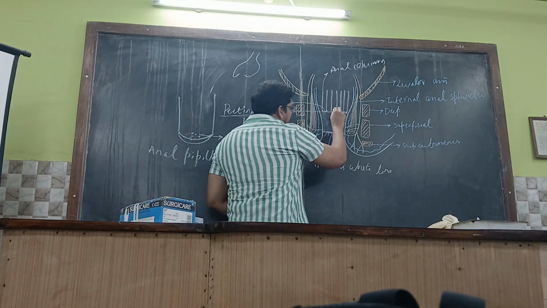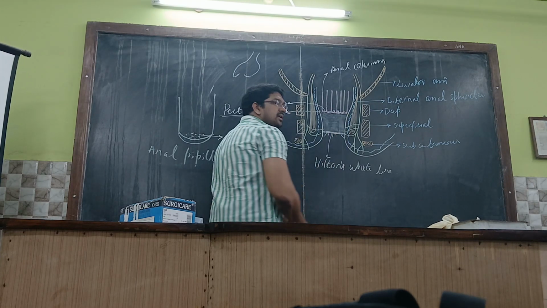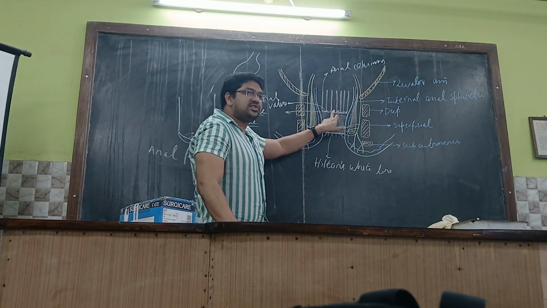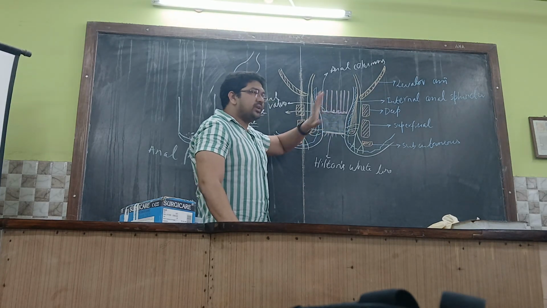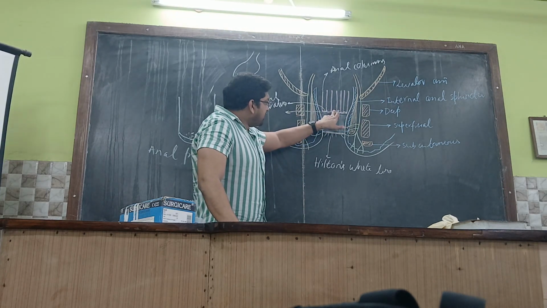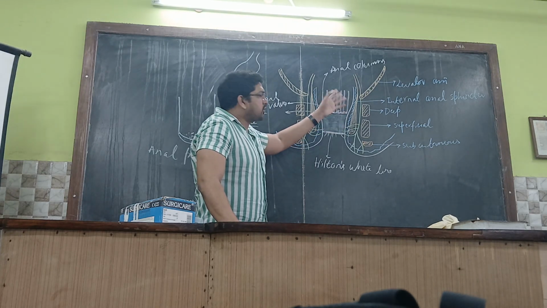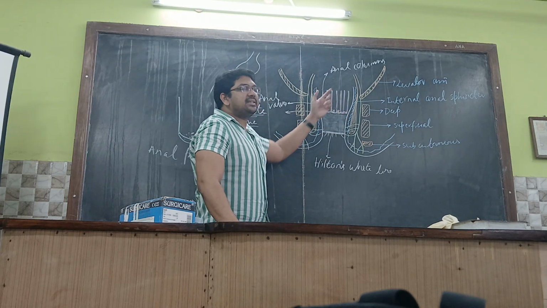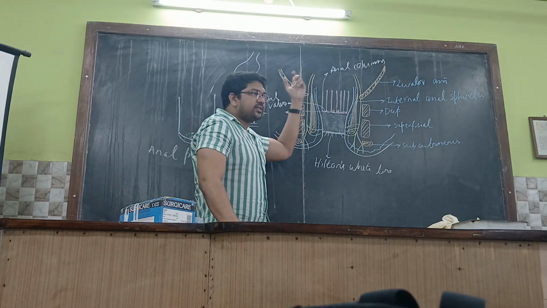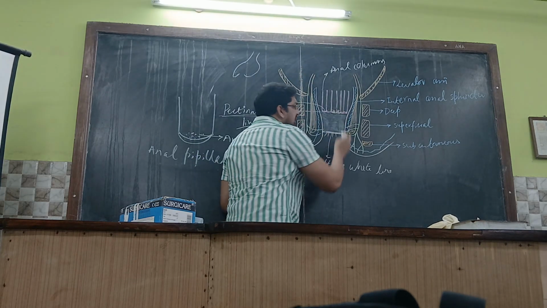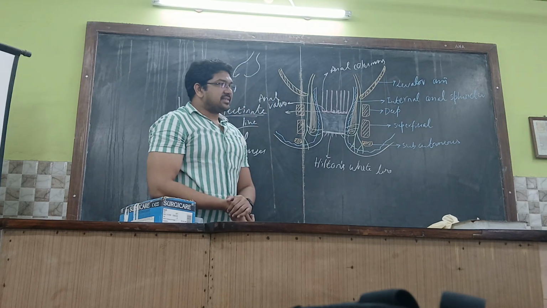So if the bone or any cellulose material is not digested completely, it can get stuck at this region. It may irritate the mucosa, leading to inflammation and of course infection, and perforation of the anal canal might also occur. That is the problem with the presence of the anal sinuses.